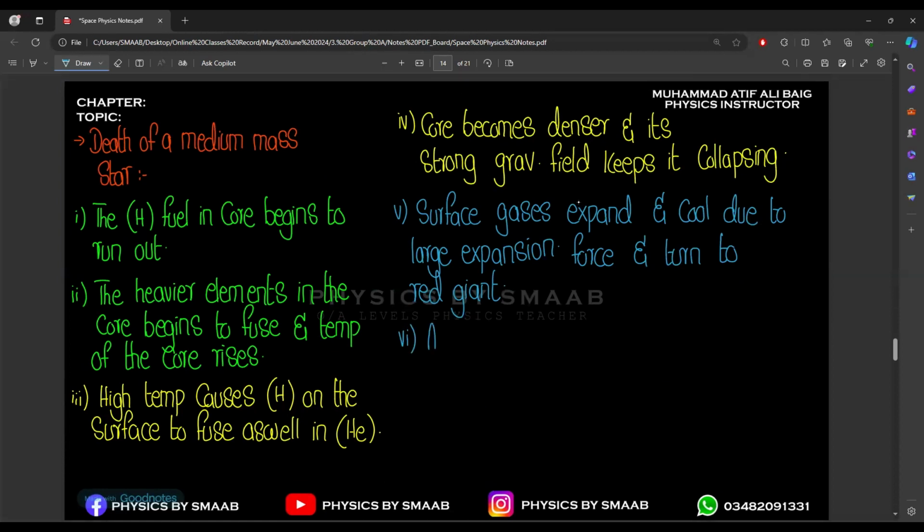At a certain point, when the temperature is extremely high in the core, because the temperature on the surface is low and it is expanding. So the surface is expanding, but the temperature of the core is very high.